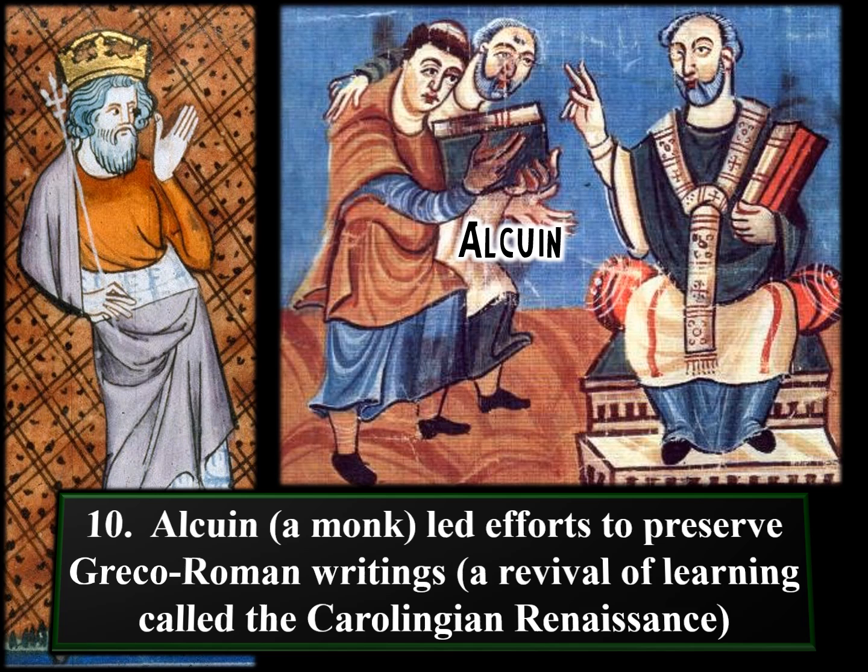Alcuin was a monk during the Carolingian dynasty under the authority of Charlemagne that led efforts to preserve some of the Greco-Roman writings that had been almost virtually lost in the time from the fall of Rome to the 800s. This sort of sponsored a revival of learning throughout the Carolingian Empire, and it's known as the Carolingian Renaissance.